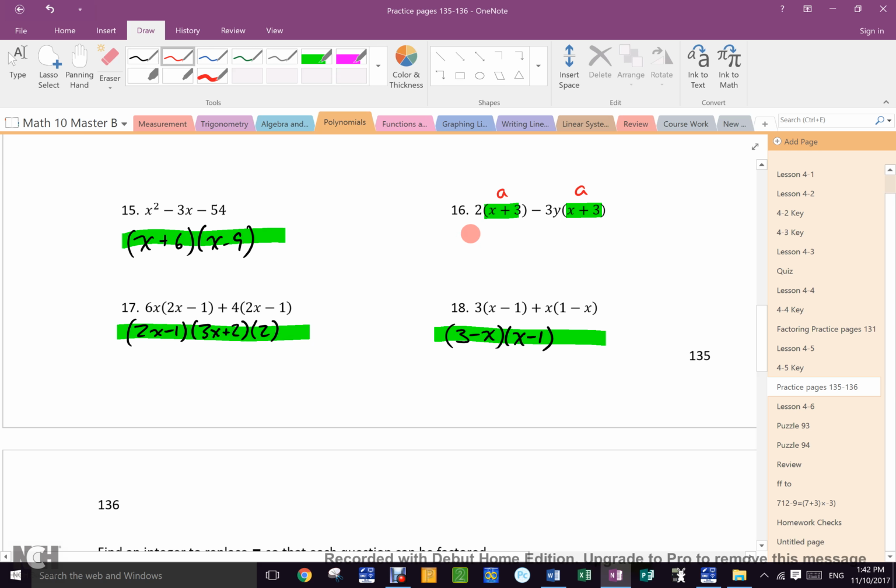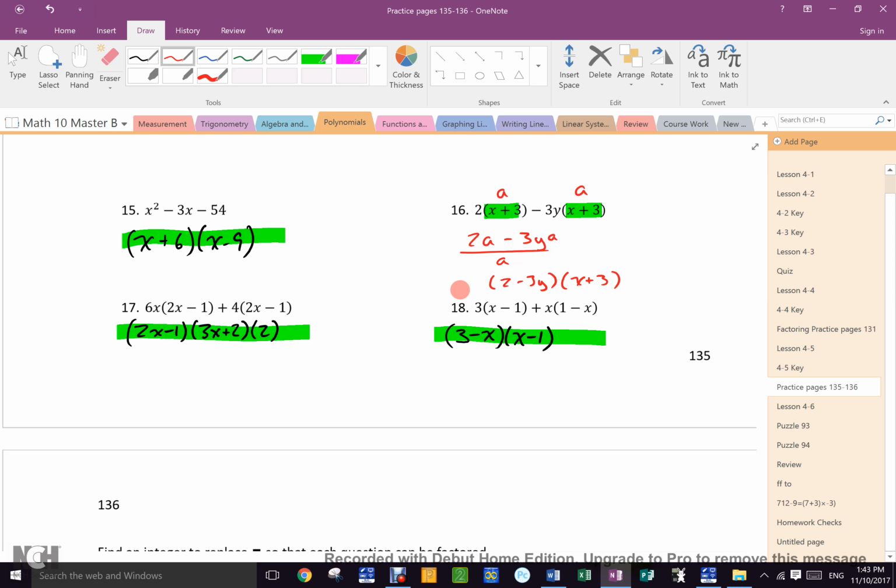Then it would be 2A minus 3YA, yes? What do you notice about A and A? They're common. So I'm going to bring A out of there, and I'm going to get A times 2 minus 3Y, yes? But is A part of the original equation? No. A is x plus 3. So what do I write here instead of A? X plus 3, and I can just erase the A. Got it? Okay.